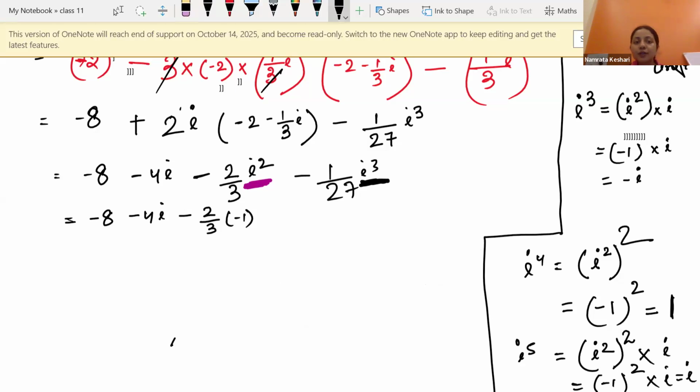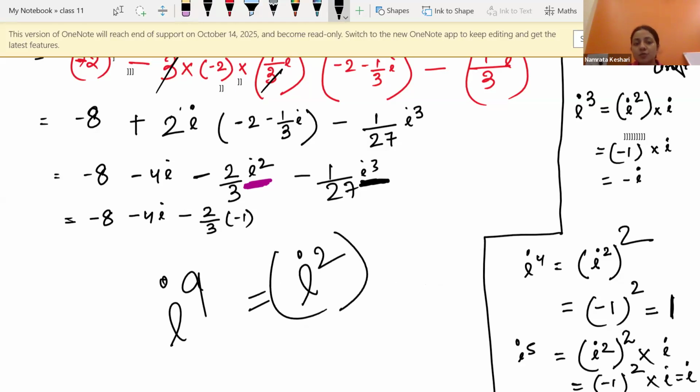If you have i to the power 9, you should always start with i square and then try adjusting the power as much as possible. So for power 4, you can take 2 four times, which is 8. But there we have 9, so one extra i will be there. Are you getting it, Manvi?